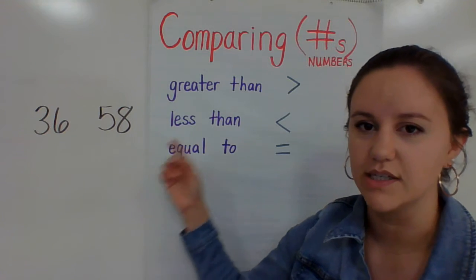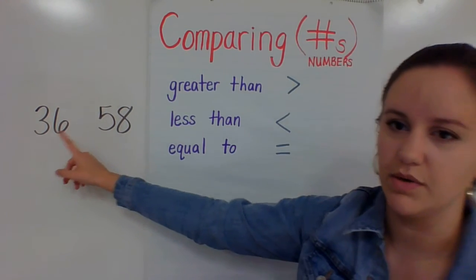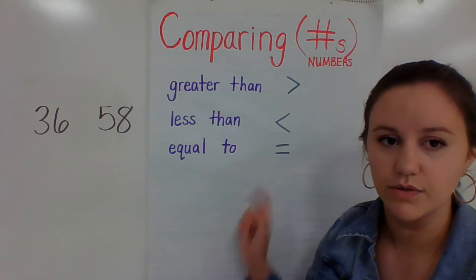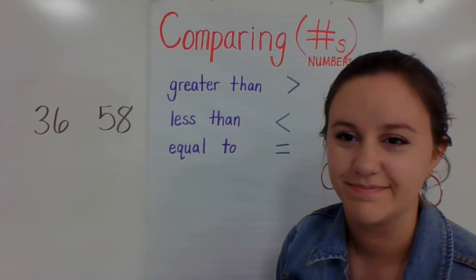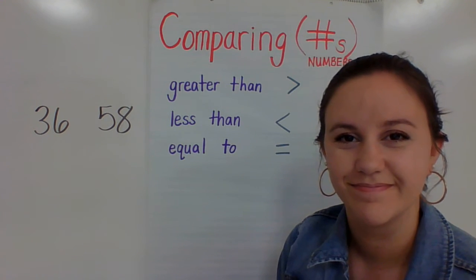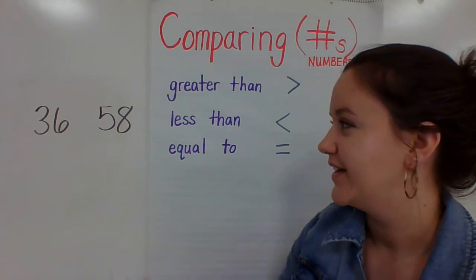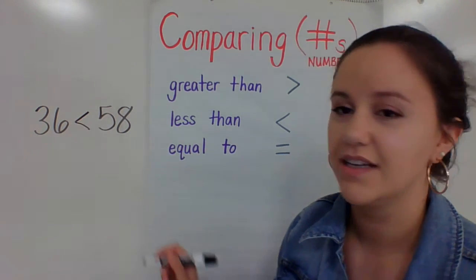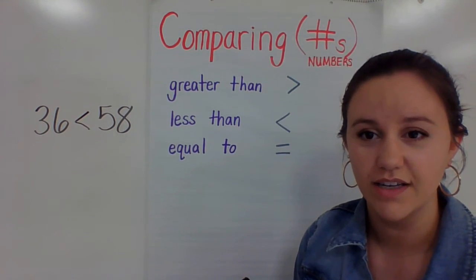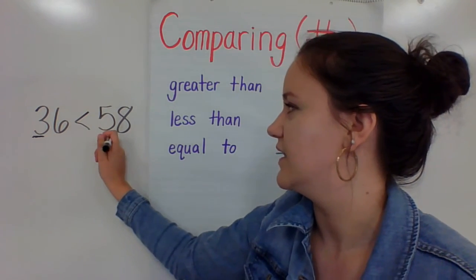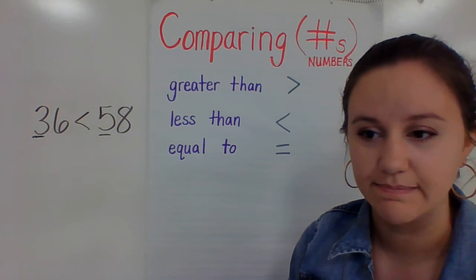Compare those two numbers and decide which symbol should go in the middle here if I'm reading this direction. Greater than, less than, or equal to. So I would say 36 is less than 58. Did you get it right? It's less, because 3 tens is less than 5 tens.